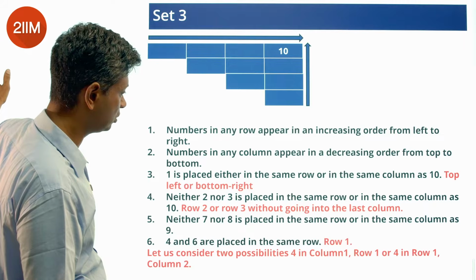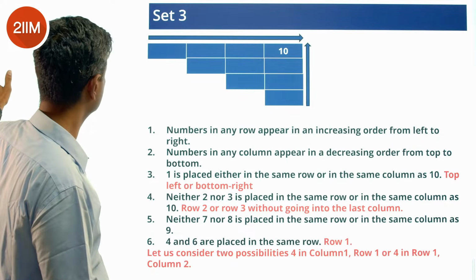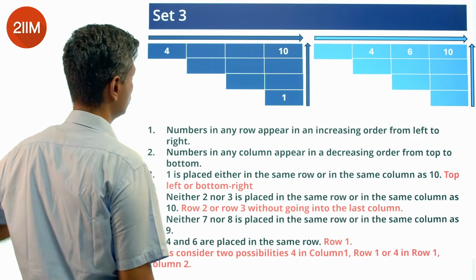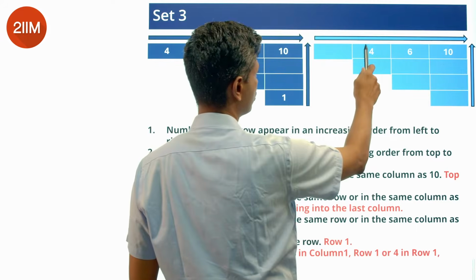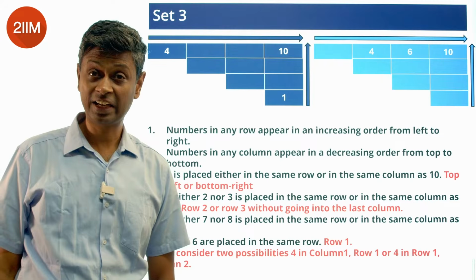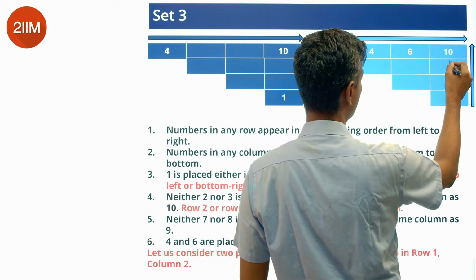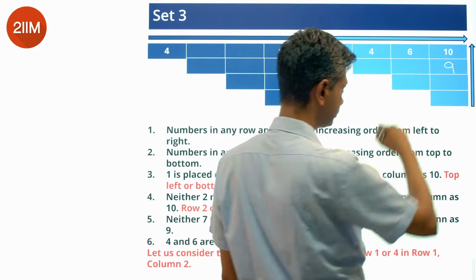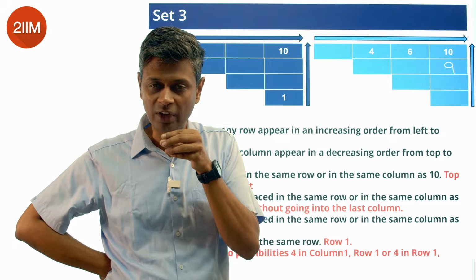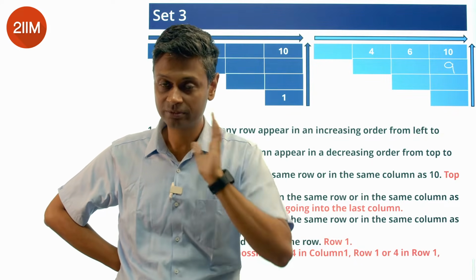4 in column 1, row 1, or column 2, row 1. So we can put 4 here or here. If 4 is there, 6 has to be there. Now I'm already thinking the 7, 8, 9 constraint could run into trouble. So I put 4 here, 6 here, 9 has to be here, because if I have 9, I cannot have anything between 9 and 10. 9 has to be adjacent to 10.